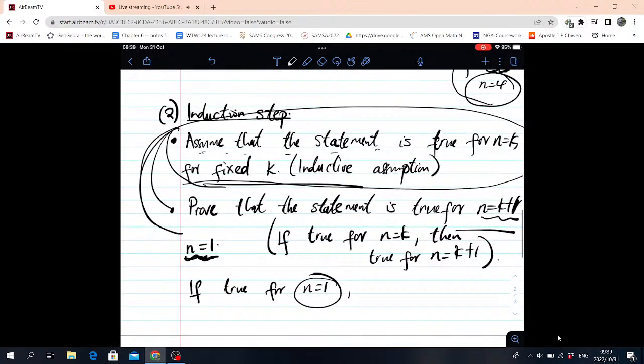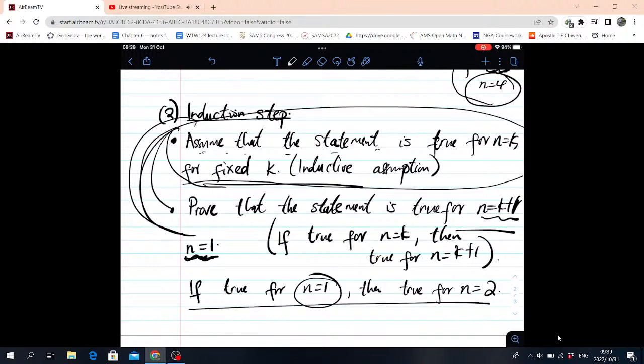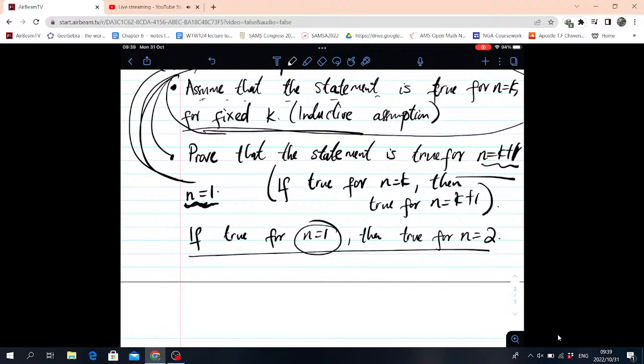Then it means by this second step, it's going to be true for n is equal to 2, right? Because we know it's true for n is equal to 1. So the inductive step, when we do it, we have shown that this happens, right? So because it's true for n is equal to 1, it's true for n is equal to 2.